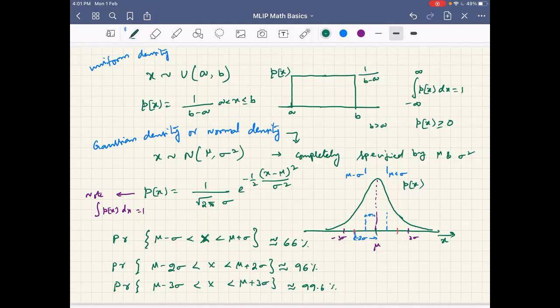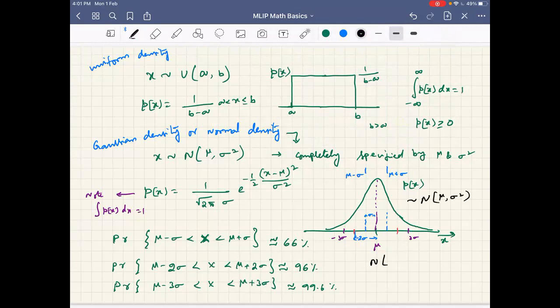Okay, so now as a very trivial example, if I want to sketch a normal density, this is referred to as normal density with mu and sigma square, variance sigma square, and standard deviation sigma.